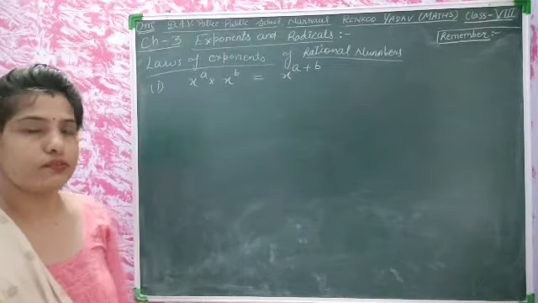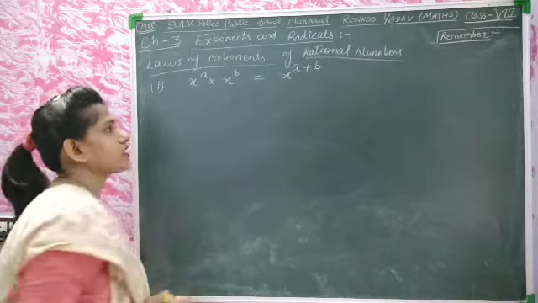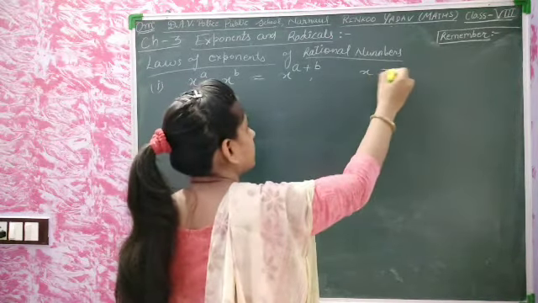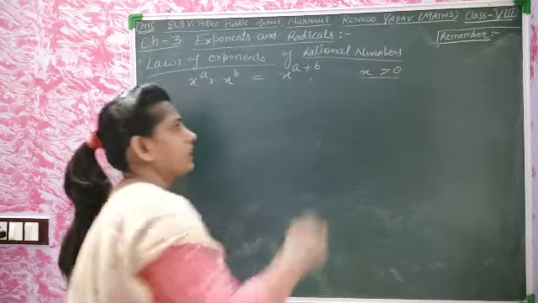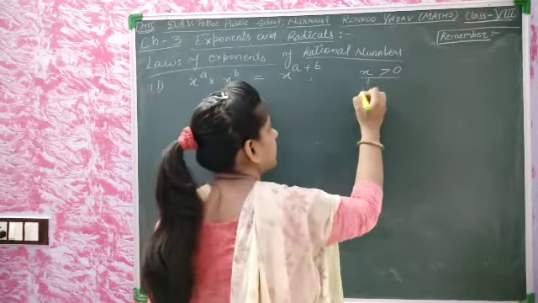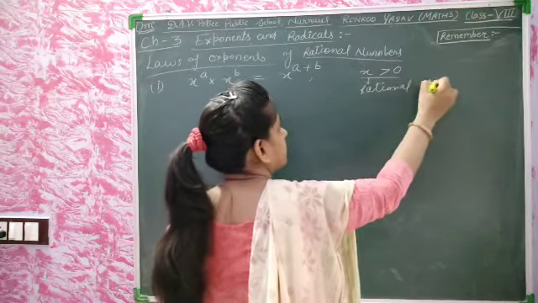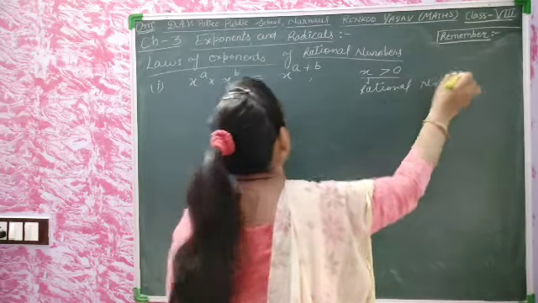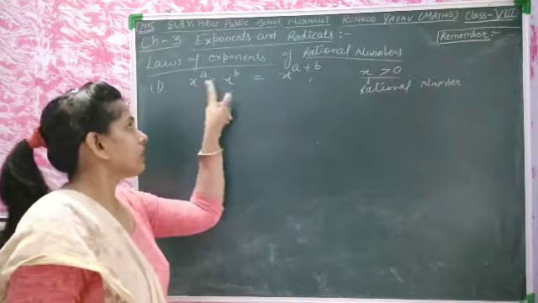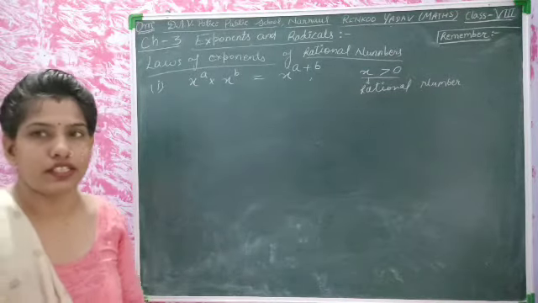It's clear students? And here x is always greater than 0. x is a rational number in all the laws of exponents. Any rational number whose power is a, multiplied by that rational number to the power of b, then the powers must be added.